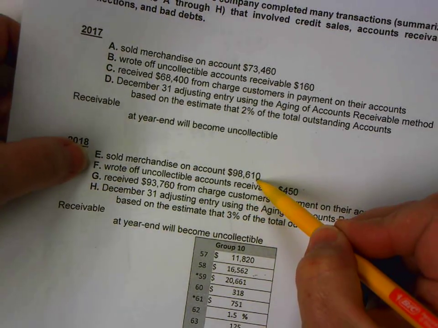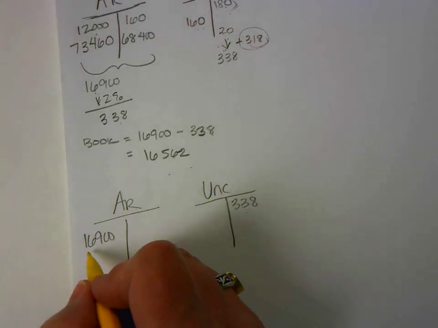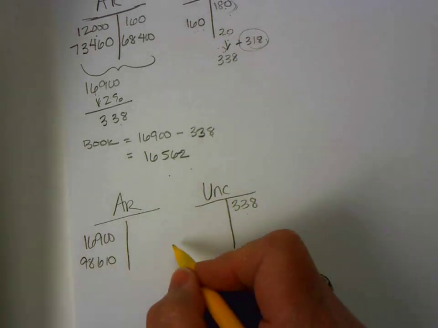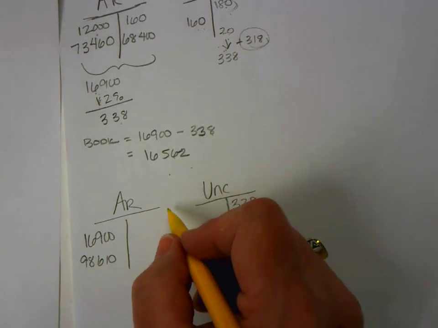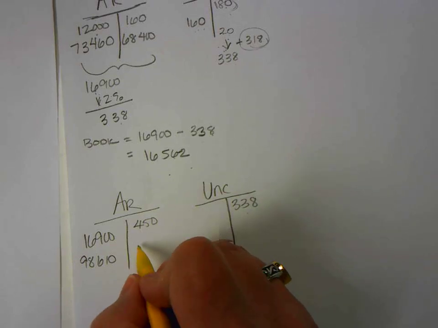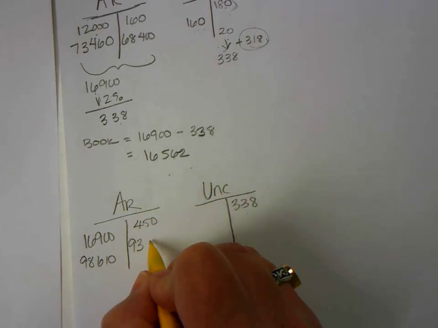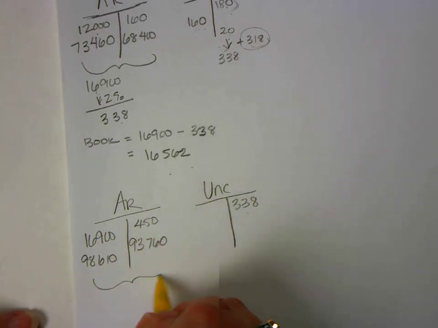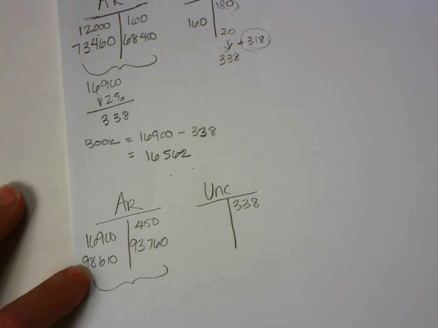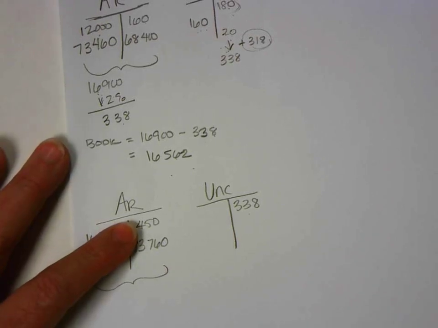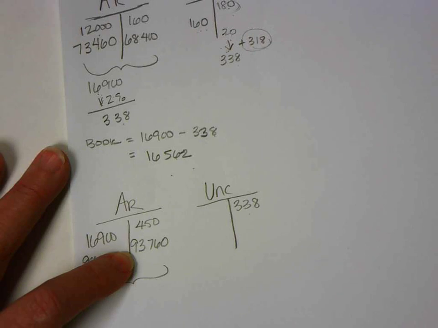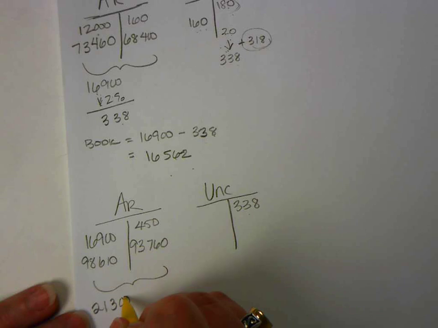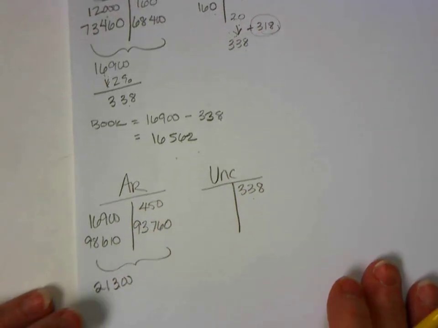We're going to sell 98,610. And we're going to write off 450, and we're going to collect 93,760 from our customers. Okay, so now we can figure out what the accounts receivable balance is. So minus 450 minus 93,760. Okay, so 21,300 is my new balance for my accounts receivable.